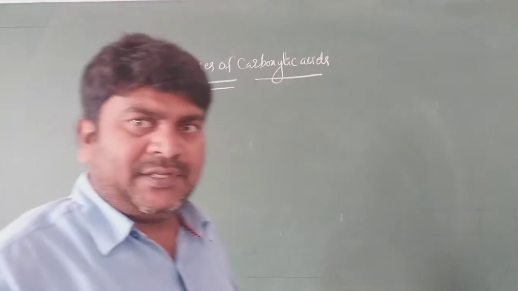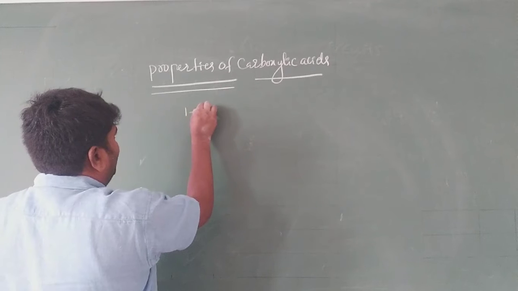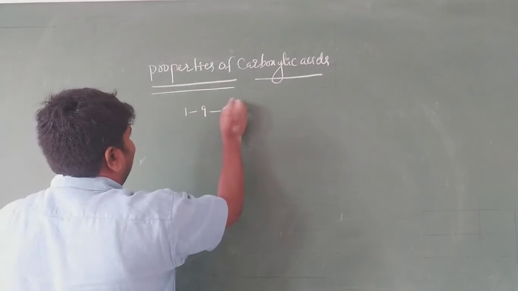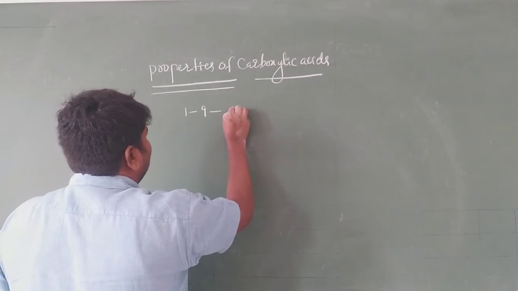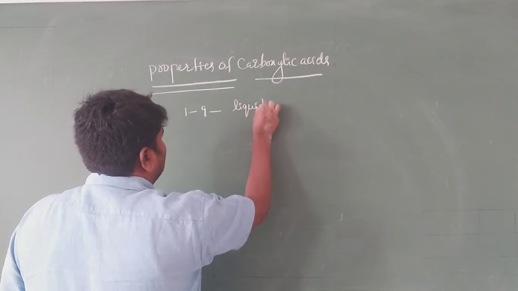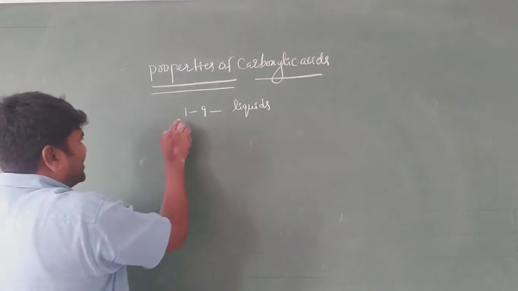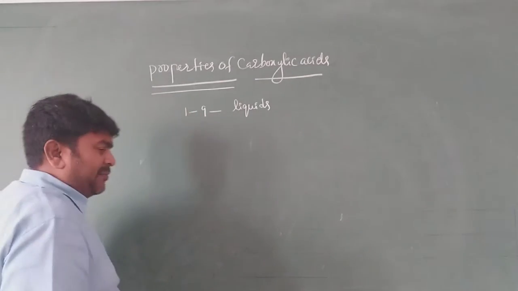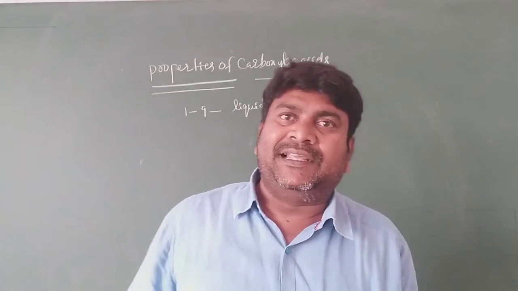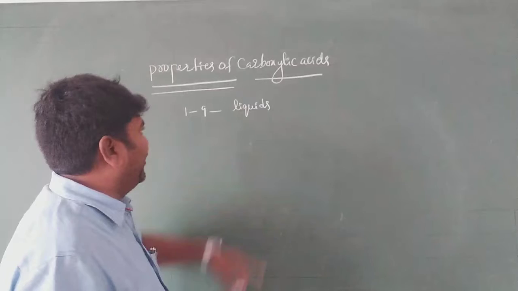Carboxylic acids with 1 to 9 carbons are liquids. It is very important. That means methanoic acid, ethanoic acid, up to 9 carbons are liquids.